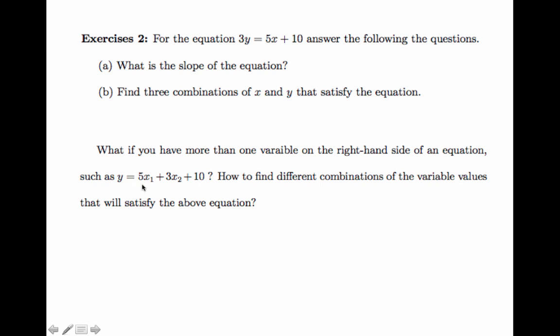If you increase the value of x1 by 1, the value of y increases by 5. That's what this 5 is telling us. On the other hand, if you increase the value of x2 by 1, the value of y will increase by 3 this time.